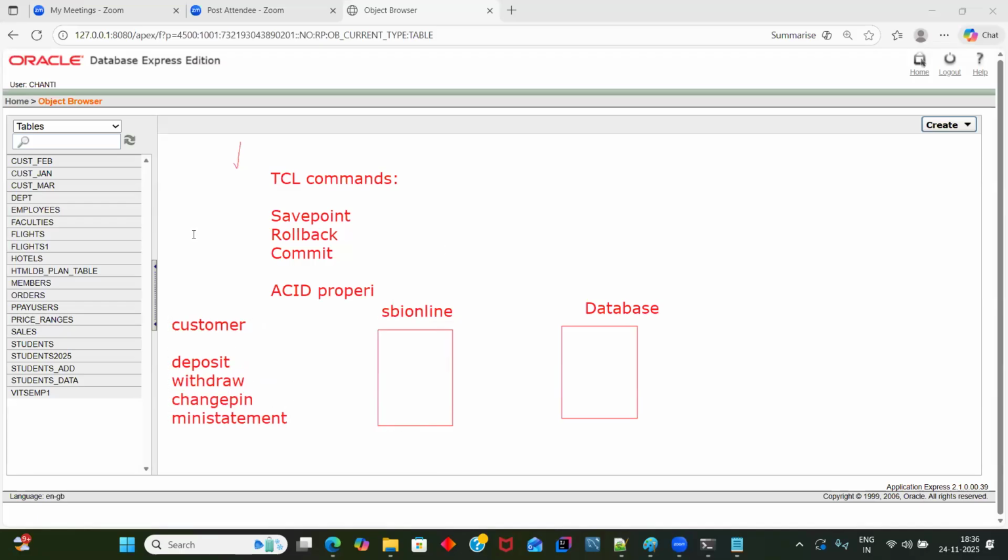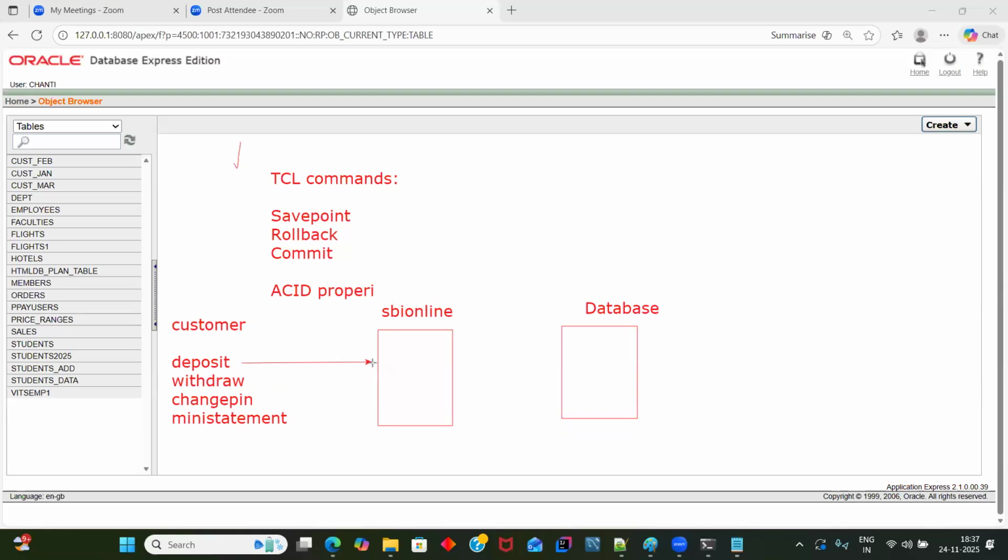To do all these operations, the customer first has to open SBI Online. You can do all this through an ATM machine also. Internally, the ATM machine will talk to this portal only, because your details will be in this SBI Online website itself, correct?